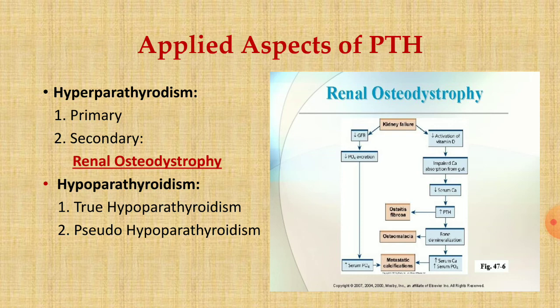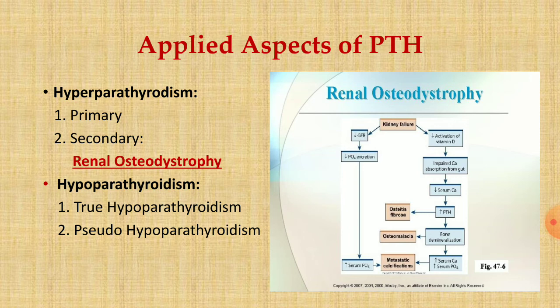Whenever there is excessive secretion, the scenario is called hyperparathyroidism, and whenever there is less than optimum release of parathyroid hormone, it is called hypoparathyroidism. Hyperparathyroidism can again be of two clinical types. One is called primary hyperparathyroidism, another is secondary hyperparathyroidism.